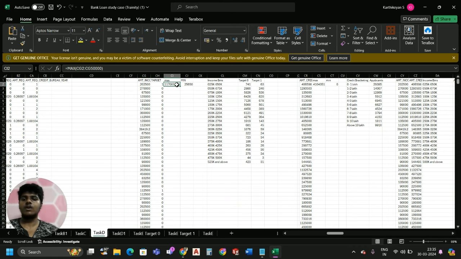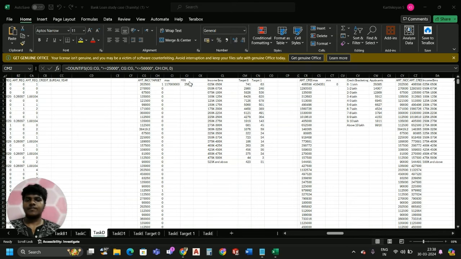By using the max formula, I have got the maximum income, 11 crore 70 lakh, and the minimum, that is 25,650. By using this, I can do the income bins, that is income bracketing. So every 25,000 I have increased. After that, to know the number of clients having the income value 25,000 to 50,000 without payment difficulties, here you can see.